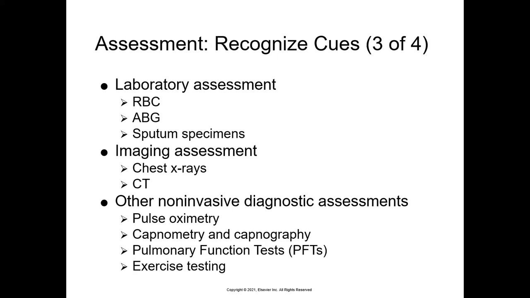Laboratory assessment, we want to look at the red blood cells. We want to look at ABGs, make sure we have an appropriate pH within the blood. Sputum specimens. So, sputum is when we have somebody coughing, they're coughing something up. This mucus is what's called sputum.